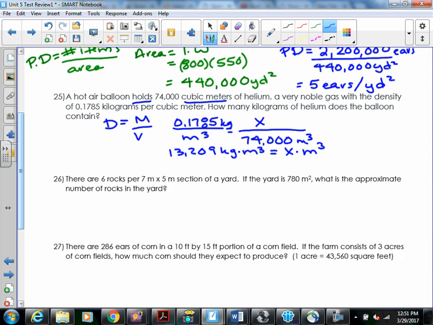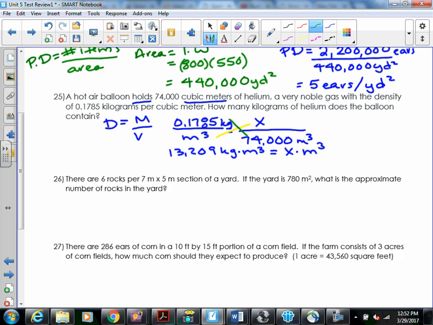Because again, you are cross multiplying. Here I have the X times the meters cubed, and here you have the number, 13,209, and you can't forget your units, kilograms and cubic meters.